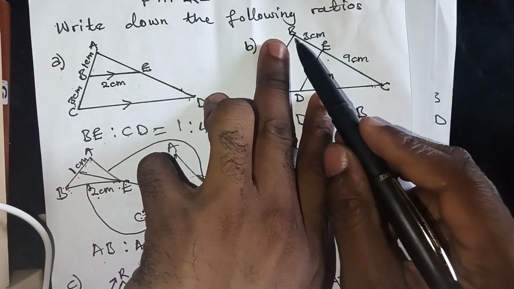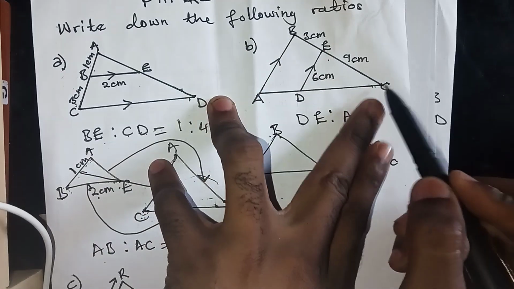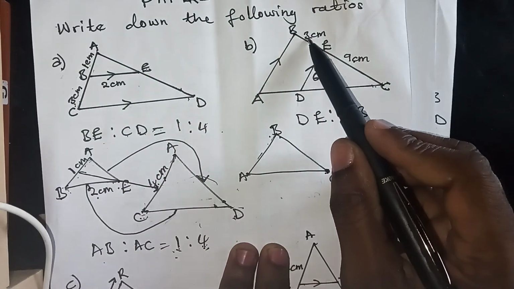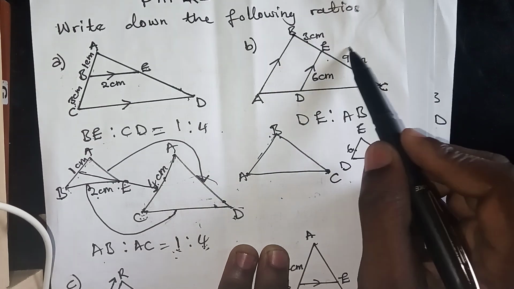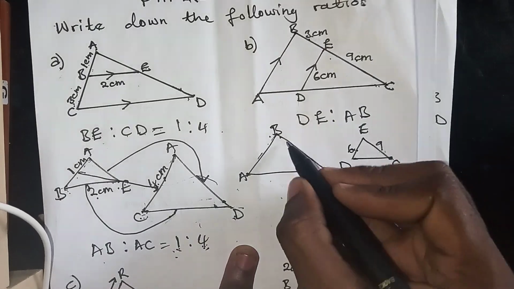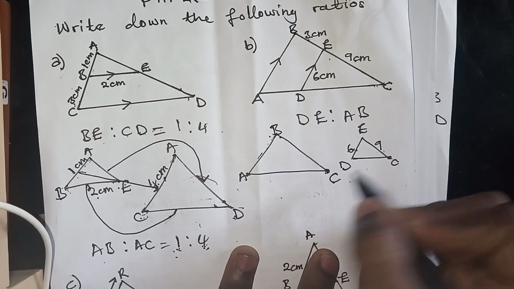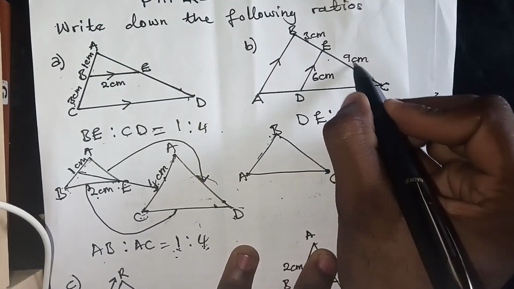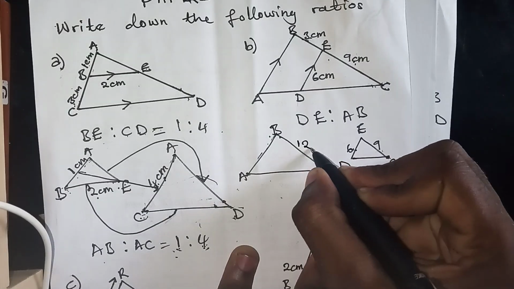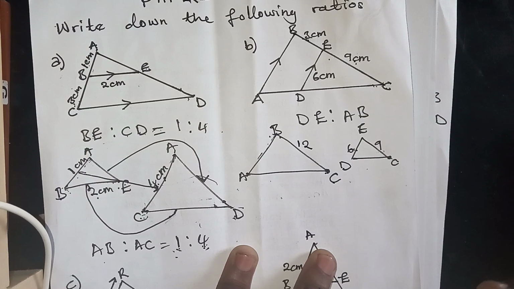So now the total distance from B to C will simply be the sum of these two numbers, as you may have guessed. So BC will be 9 plus 3, which is a 12. Which other numbers do we have? None.